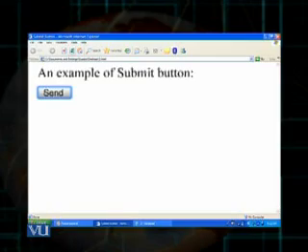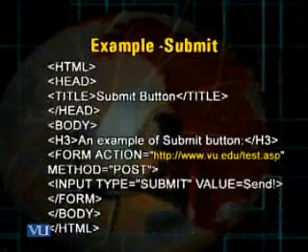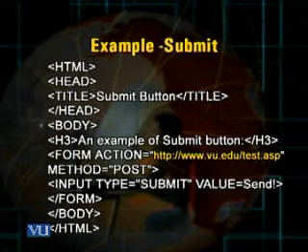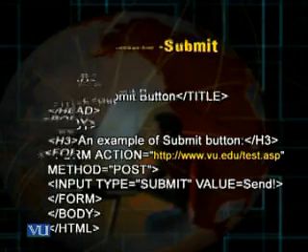As you can see in the code, after the body tag, I have a heading tag and I write an example of submit button. Then I have to use the tag form. It has its corresponding closing tag. Now, in the form tag, I use a very important attribute, action.